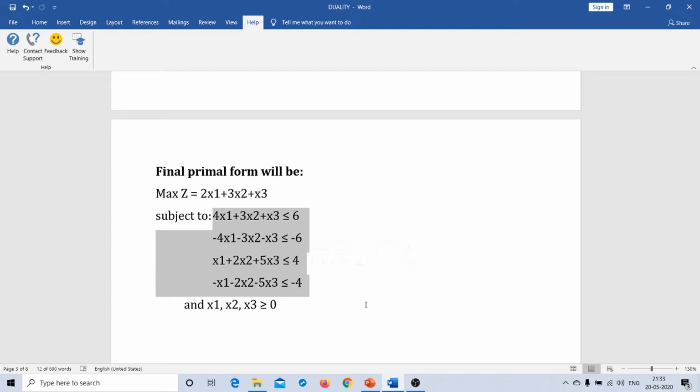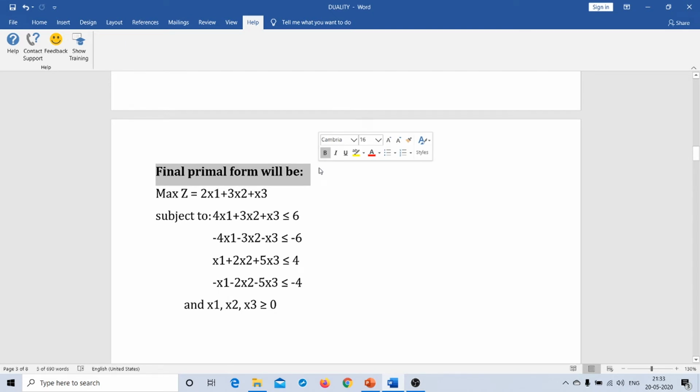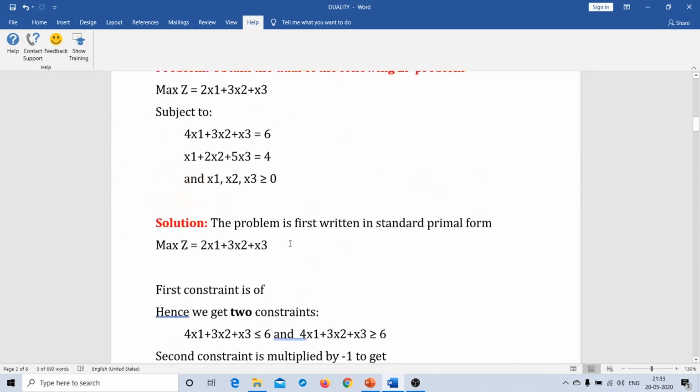Got the point, right? Since the objective function is of maximization, all my constraints are less than or equal to. So once I have this, I say that this is my final primal form. For this final primal form, you have to find out the dual.